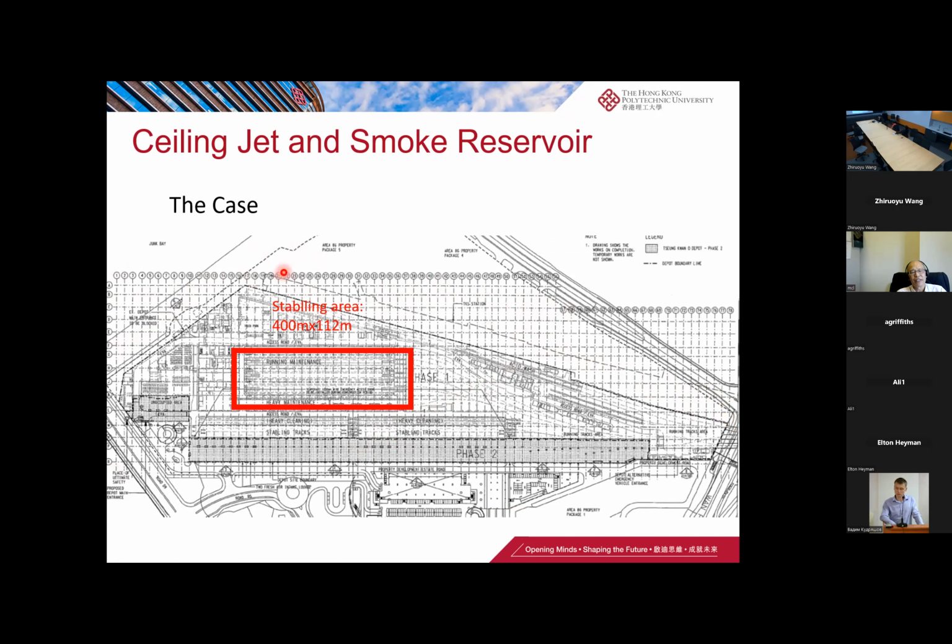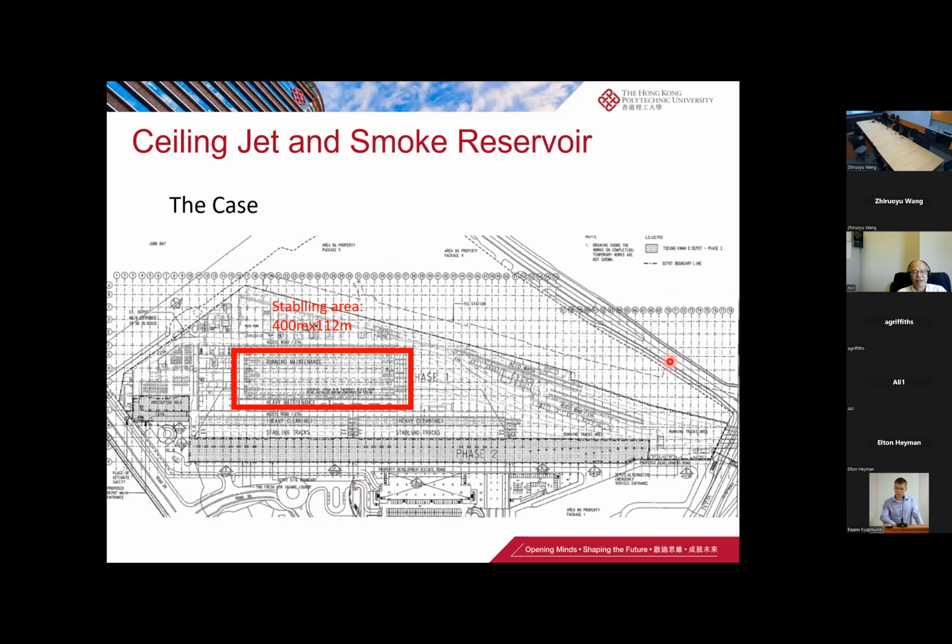The total area is over 250,000 square meters, 25 hectares. It's very big. And in this depot, the whole depot has to be smoke controlled. The reason is that on the top of this depot, around this depot, is a huge property development.